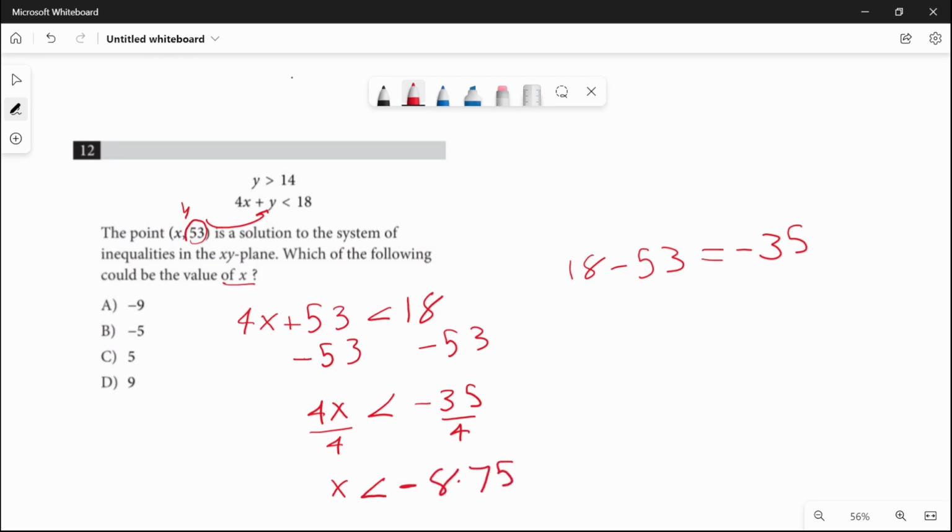Now let's have a look at the choices given. What is the only choice that has a value of x that's less than negative 8.75? It's only negative 9. So the answer is choice A. Negative 9 is less than negative 8.75. Therefore, choice A is the correct answer.